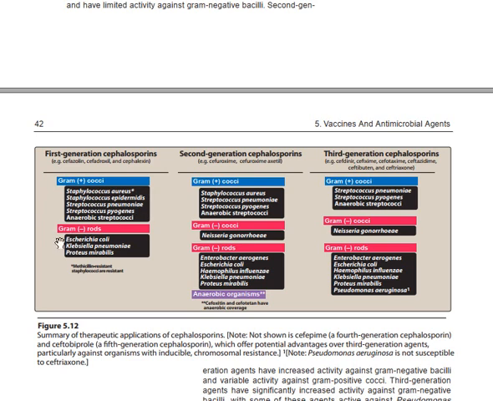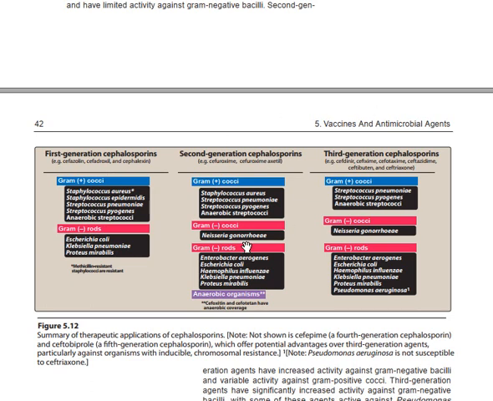The gram-negative organisms targeted are Escherichia coli, Klebsiella pneumoniae, and Proteus mirabilis. Methicillin-resistant Staphylococcus aureus are resistant to these cephalosporins.